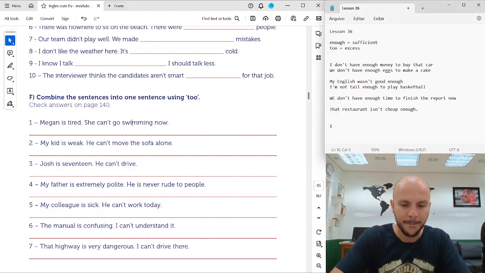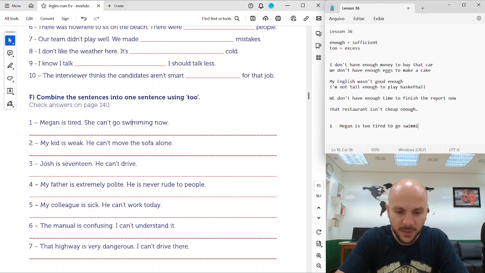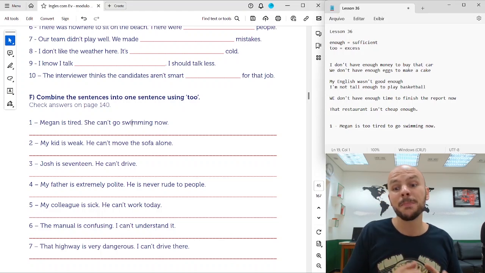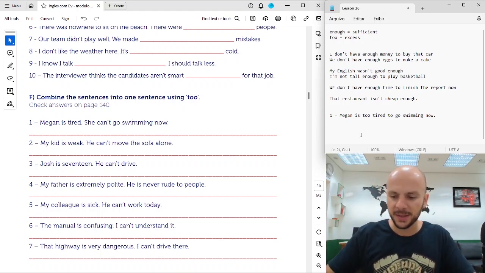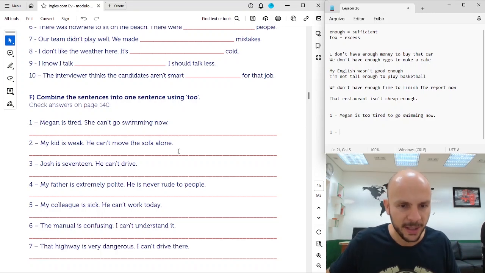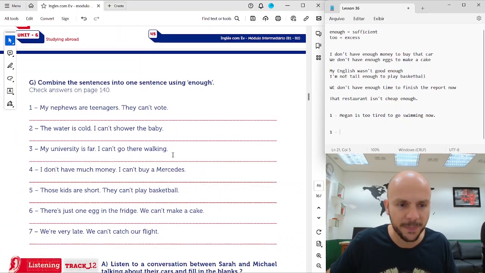One, Megan is too tired to go swimming now. Okay, make it one sentence. Megan is too tired to go swimming now. Okay? And here, letter G with enough, the same thing.